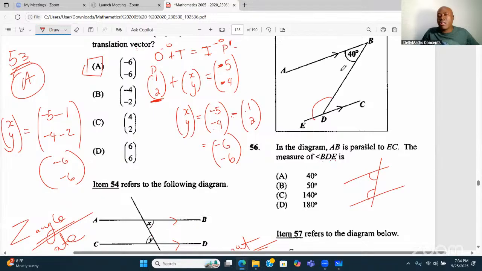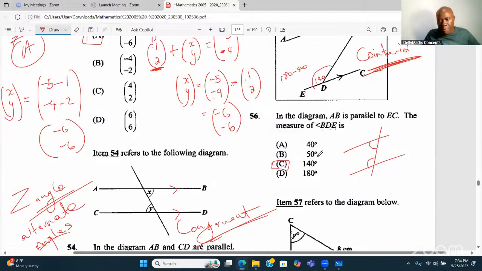So if you take 180 and pull out the 40, this angle here is 140, because they add to give 180. So that angle BDE is 140 degrees. Co-interior angles would have helped you push that through. You have to look out for stuff like that as you go through.